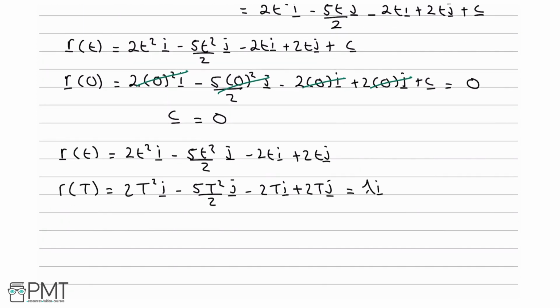And the reason it does this is because it passes through point A, which has this position vector at time t equals capital T. Now, if we want to solve for t, we need to equate vector components which only have a t in them. If we were to try and solve it in terms of i, yes, we'd have this t and this t here, but we'd also have this lambda. So what we need to do is equate it in terms of j only, okay?